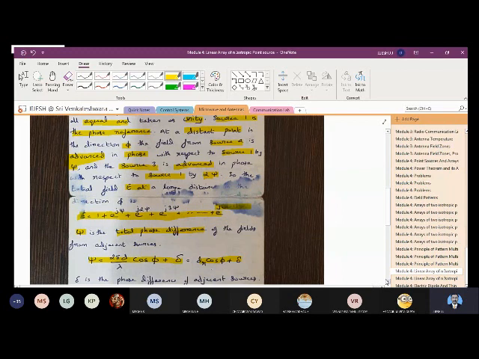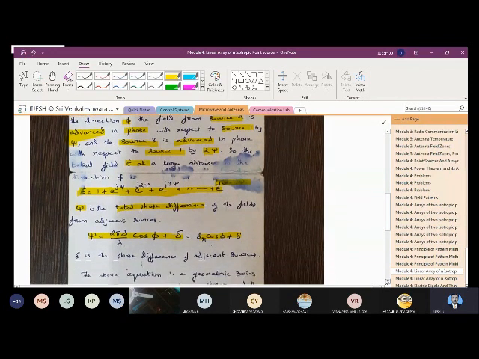And delta is the phase difference of adjacent sources. So you can make note of these things, then we will proceed further by using the geometric series.